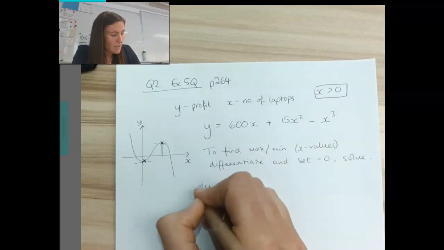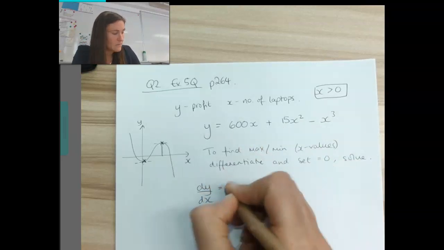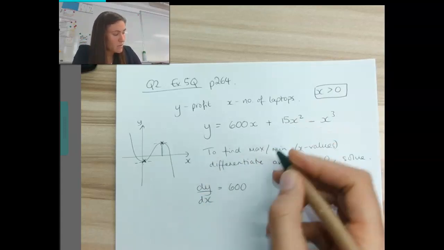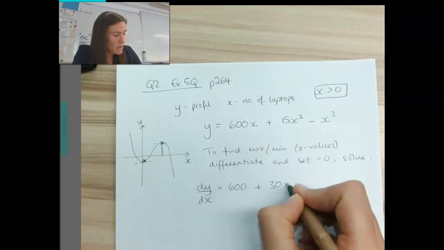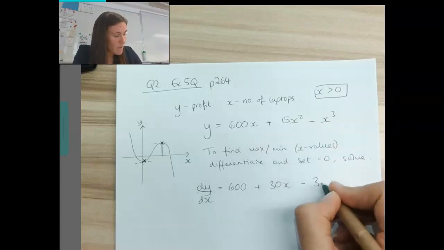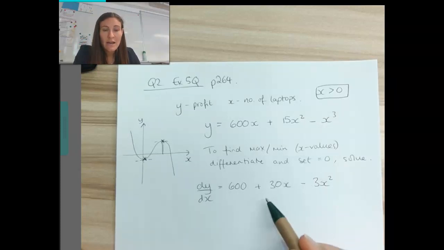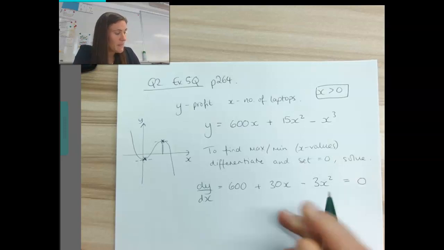So dy by dx, differentiating term by term, I get 600, and here multiply by the power, reduce it by 1, and here multiply by the power, reduce it by 1. So there's my differentiation done, and I want to set this equal to 0 and solve it.